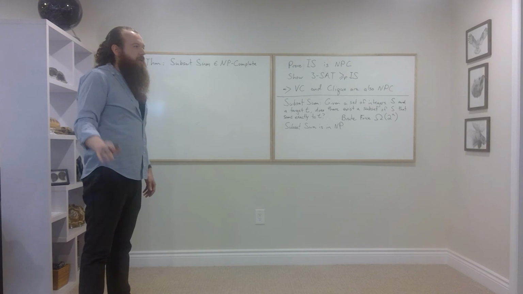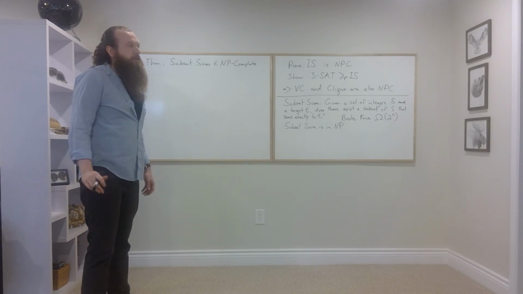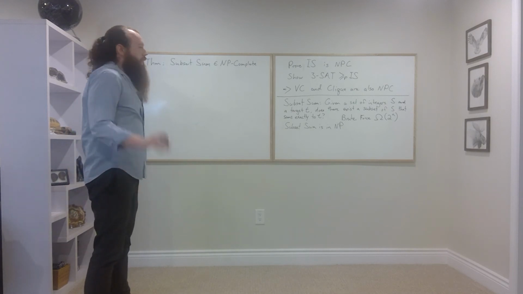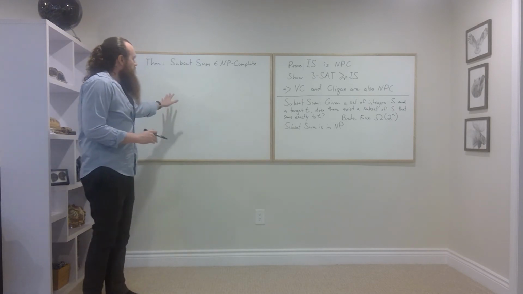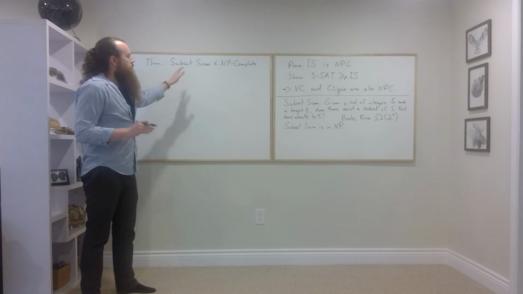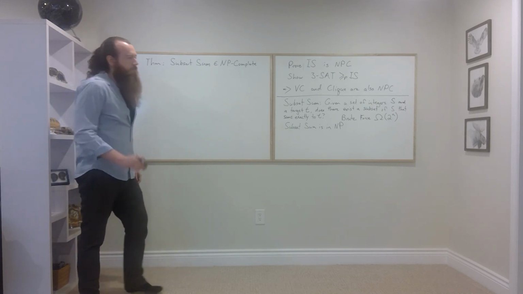It's in the textbook. It gets to low-level stuff that it's just not really fun for me to do. Maybe it's fun for you. Whatever floats your boat. If you're interested in this proof, go check out the textbook. But we're going to move forward, assuming that we know, and we do know, that subset sum is NP complete. Check the textbook for the proof of that.